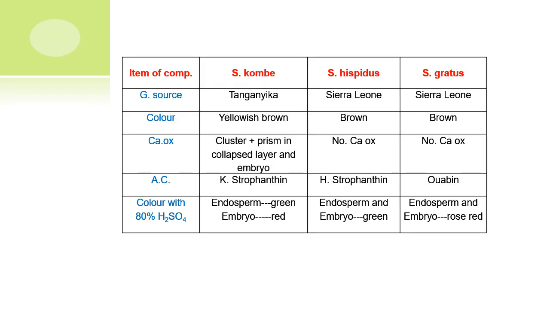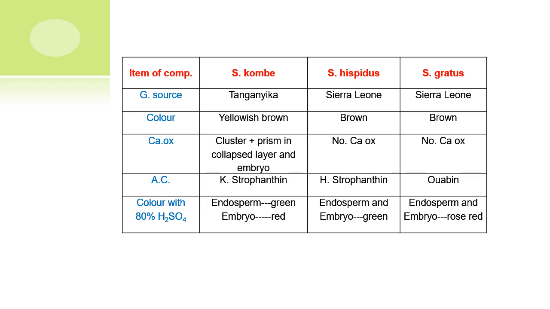Comparison between the different species of Strophanthus: Strophanthus kombe, Strophanthus hispidus, and Strophanthus gratus. The Strophanthus kombe is obtained from Tanganyika, while Strophanthus hispidus and Strophanthus gratus are obtained from Sierra Leone. Color of Strophanthus kombe is yellowish brown, while it is brown in Strophanthus hispidus and gratus.